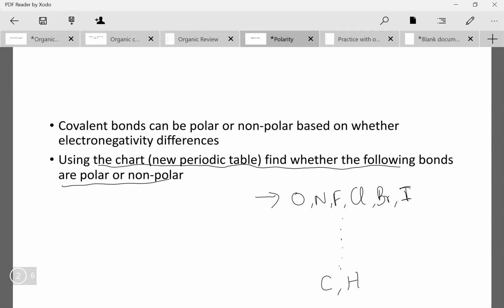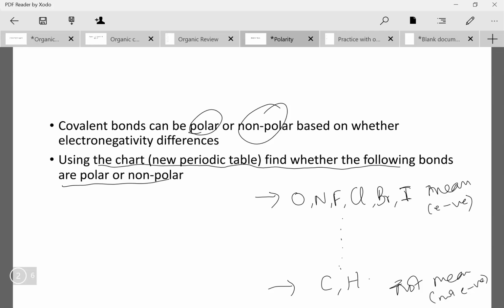Therefore we have the distinction between polar and non-polar bonds. If there's any mixing between these two groups, if you have a mean person with a not mean person, so this is the mean side and this is the not mean, or by mean I mean electronegative, and not electronegative, relatively.